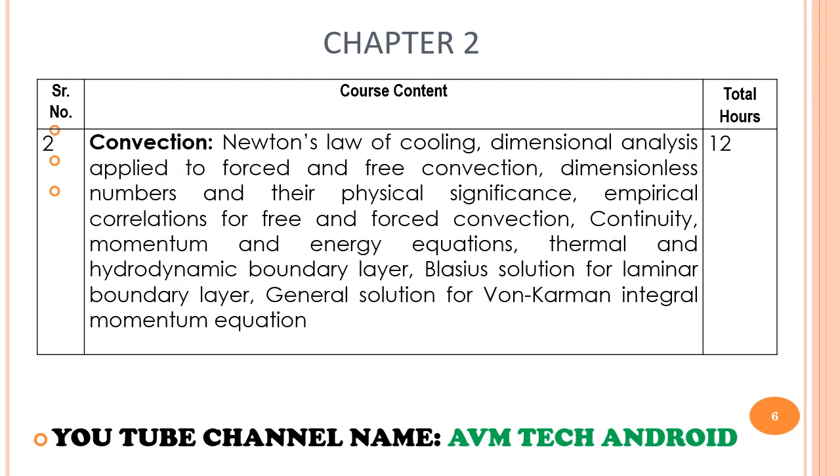Now we have to go for the second chapter, that is convection. Like conduction, in convection we have to discuss Newton's law of cooling, we have to go for dimensional analysis, we have to discuss free and forced convection, we have to discuss dimensionless numbers, and what the empirical relations among them are.